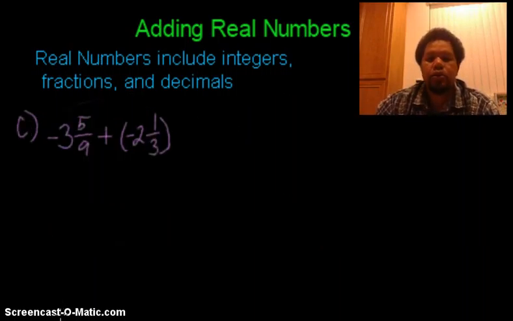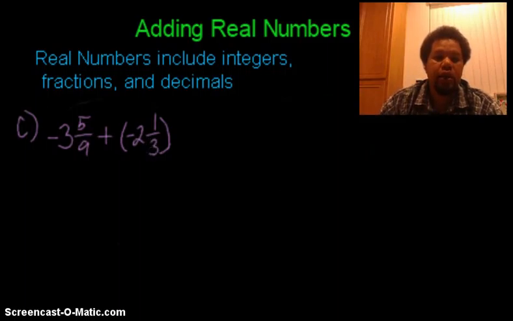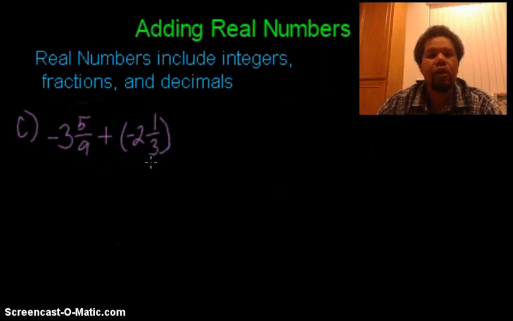So getting into fractions, or positive and negative fractions, the first thing we have to remember, anytime we're adding and subtracting with fractions, is that we need a common denominator. In this case, we have a denominator of 9 right here and a denominator of 3. So we need to have the same denominator. The LCM, or least common multiple or least common denominator, of 9 and 3 is 9.